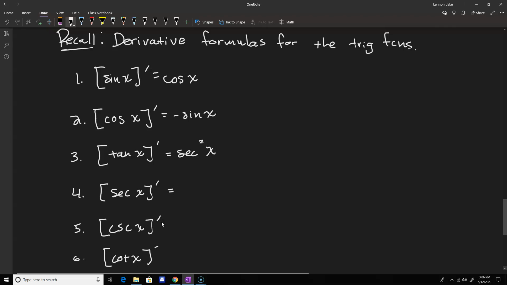And again, if you want to work these out for yourself, you can change, say, secant into 1 over cosine and then apply the quotient rule to get that derivative. So the derivative of secant x is secant x times tangent x. The derivative of cosecant x is negative cosecant x times cotangent x. And the derivative of cotangent is negative cosecant squared of x.